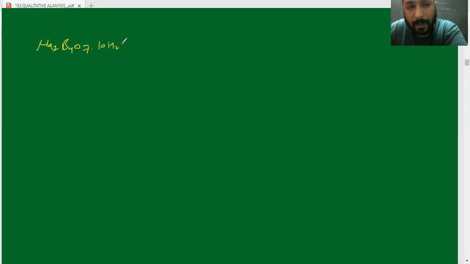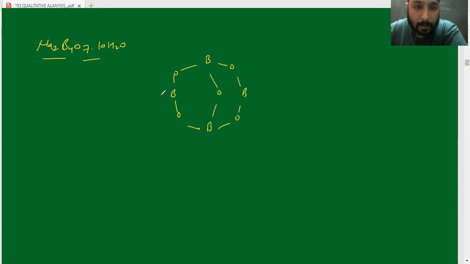Na2B4O7.10H2O. That's the way it is written, but the actual formula of borax is different. Just write 4 borons like this. Between every boron, we have to put oxygen like this. You have to put OH.